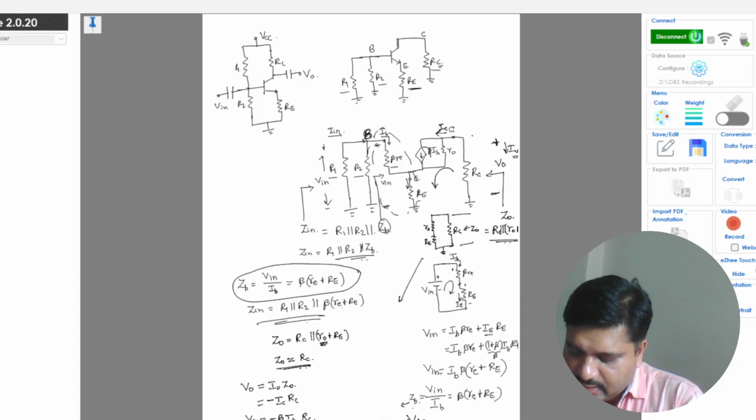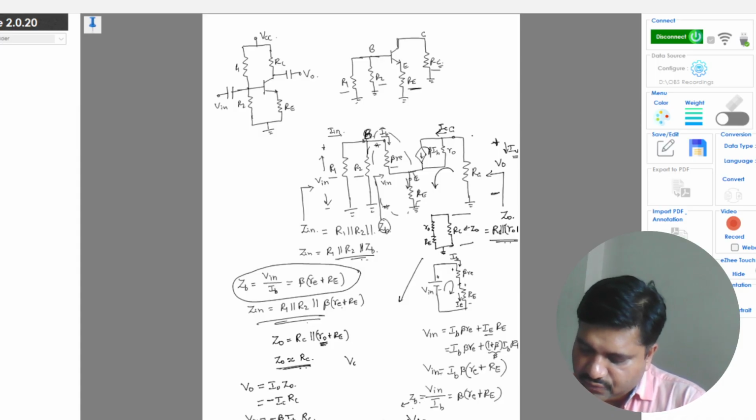Here this beta and this beta will cancel. I will take this Vin into the denominator. So V0 by Vin will be equal to minus RC by re plus RE. So this is my voltage gain.